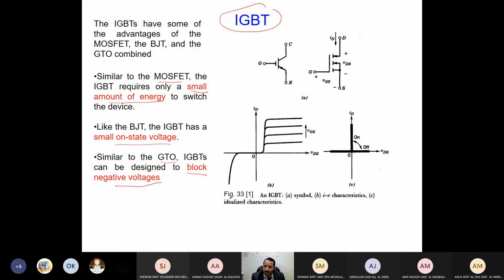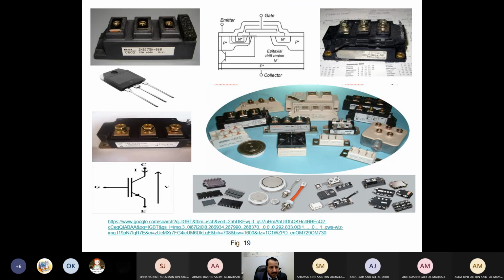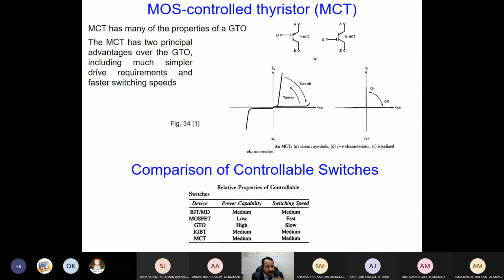So by manipulating the way how we manufacture the semiconductor switch, we come up with different characteristics. This is also what is available in the market. Usually it has application in high rating voltage, current and power, especially in industry to control, as an example, the operation of motors, induction motors.